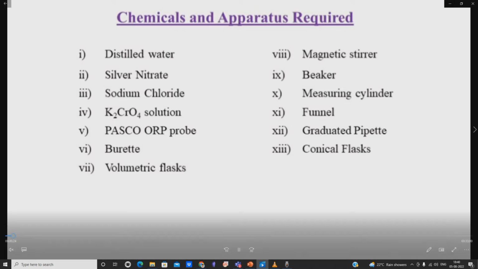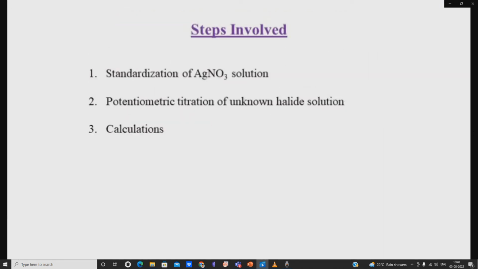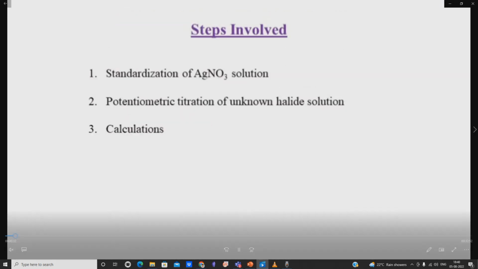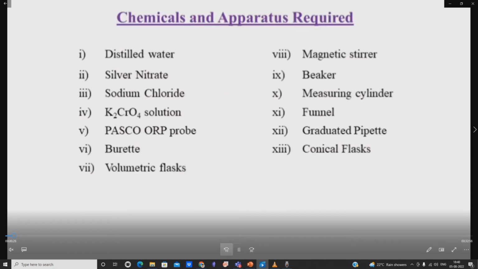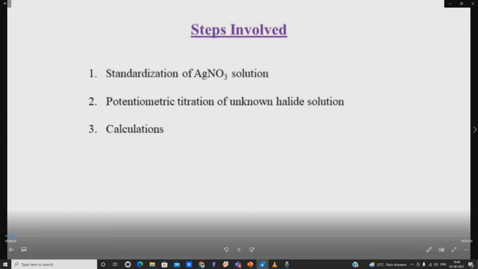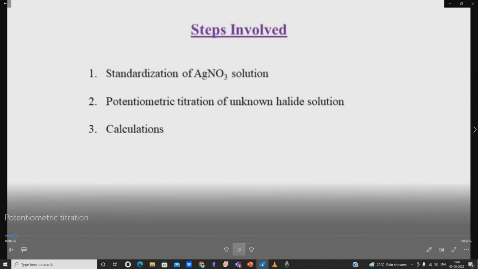So you can see, this is the potentiometric titration experiment. Here, if you want to do some experiment, then we have to decide which requirements are there, which apparatus is required. Those things are listed here.